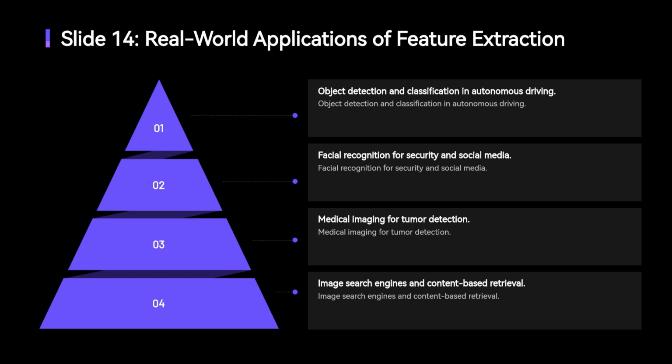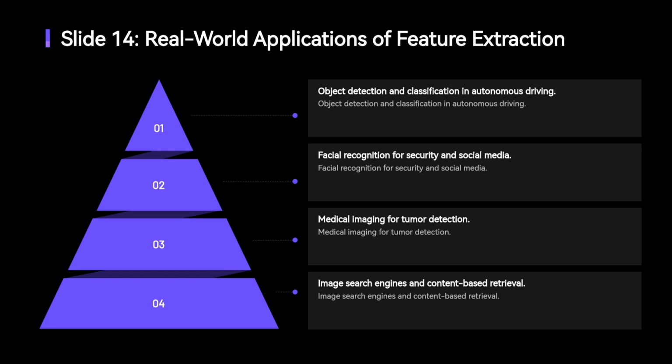Feature extraction has a wide range of real-world applications across various industries. Autonomous driving: feature extraction is used for detecting pedestrians, vehicles, and traffic signs, helping self-driving cars understand their environment. Facial recognition: used for verifying identities in security systems or for automatically tagging photos in social media platforms.